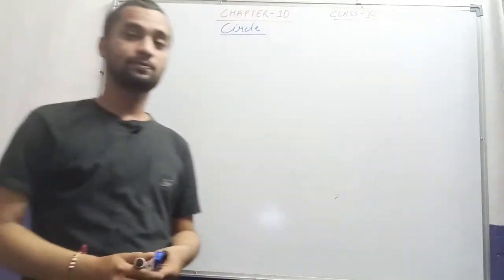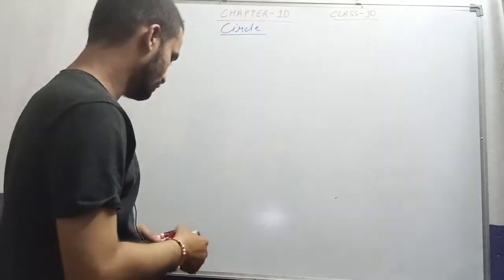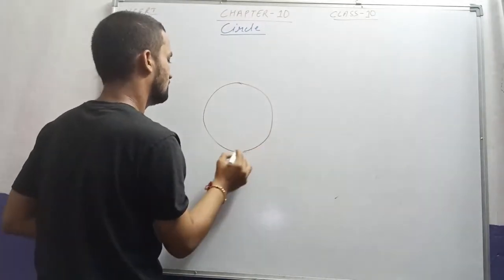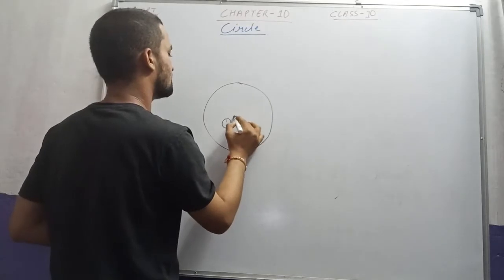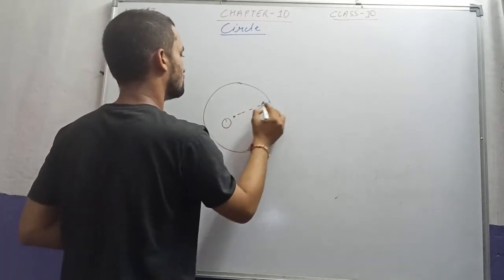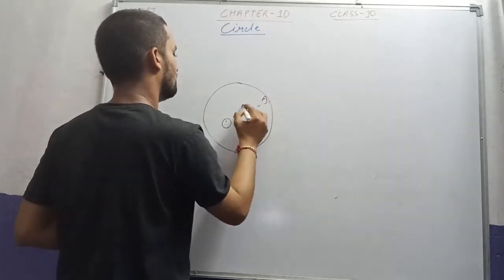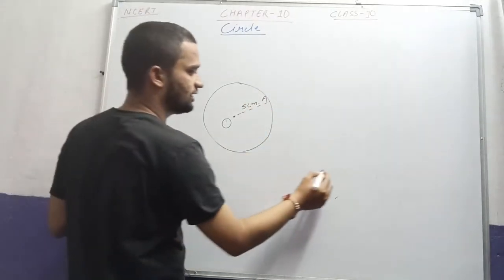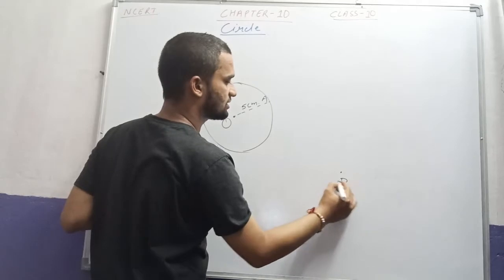In exercise 10.1 also, in 10.2 also, one question is there. Suppose a circle with center O and the length of the radius is given. Suppose this is A, 5 centimeter. And the question is asking about a point outside the circle.